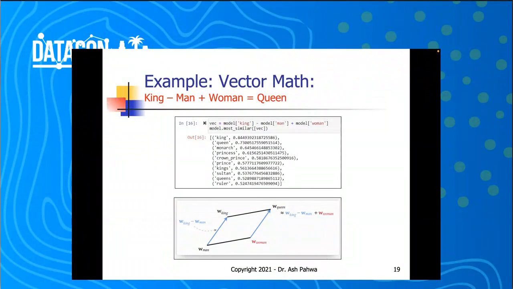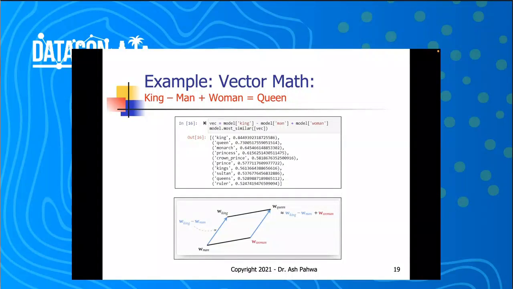Now if we compare the vector of queen with this new vector, you will see that the cosine distance is very small. We come very, very close to queen. This was mind-boggling research in 2013. It means that we can convert every word of the English language into a floating point vector.